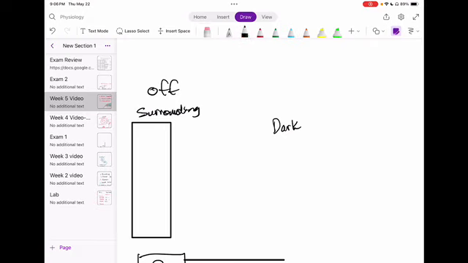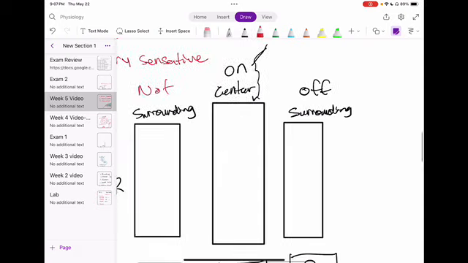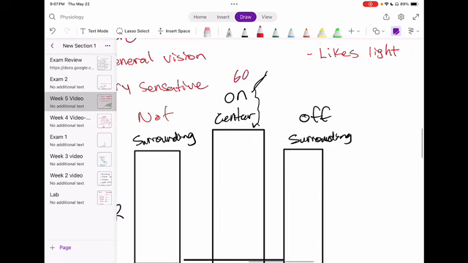Dark equals more glutamate. So this is responsible for 60% of the synapse, and then this is 20, and this is 20.